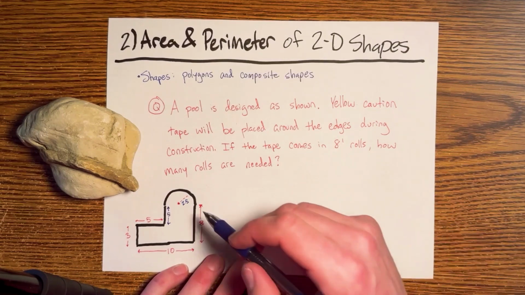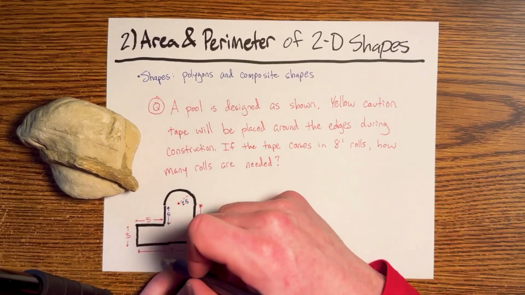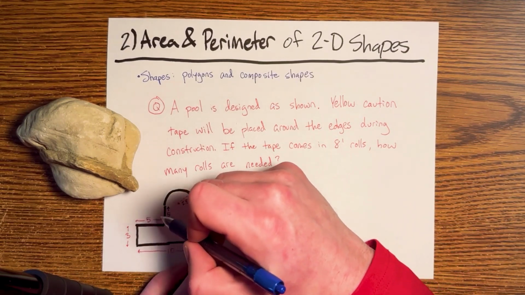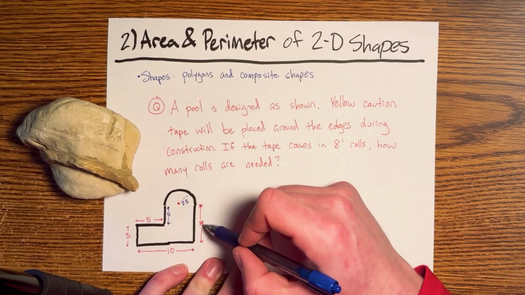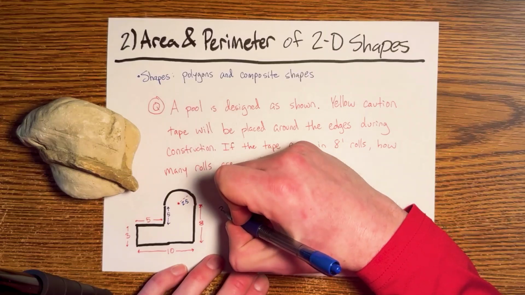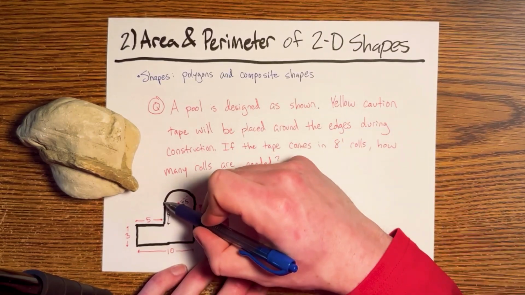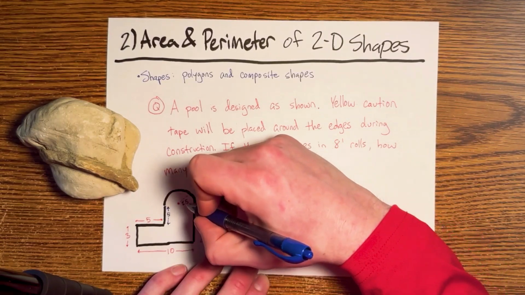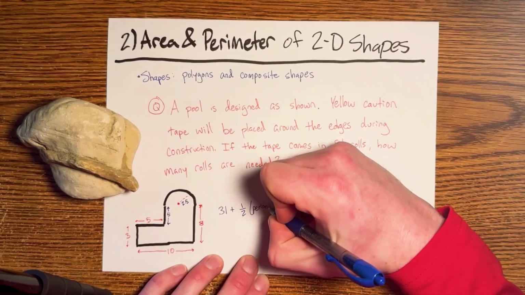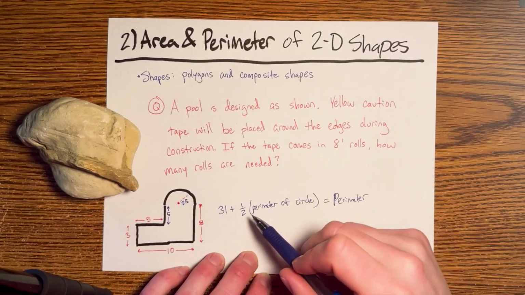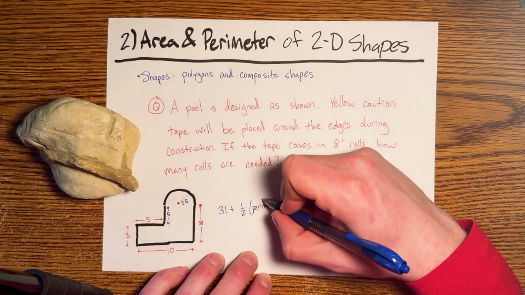So moving on here, we'll go around and add up the perimeter. So 5 plus 5 is 10, plus 3 is 13, plus 10 is 23, plus 8 is 31, plus half the perimeter of that circle. Technically, when we're talking about the perimeter of a circle, we call that the circumference.